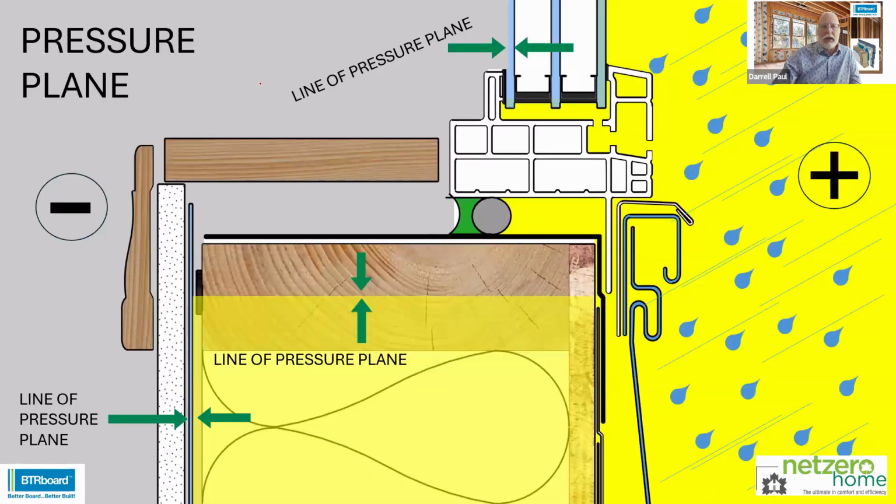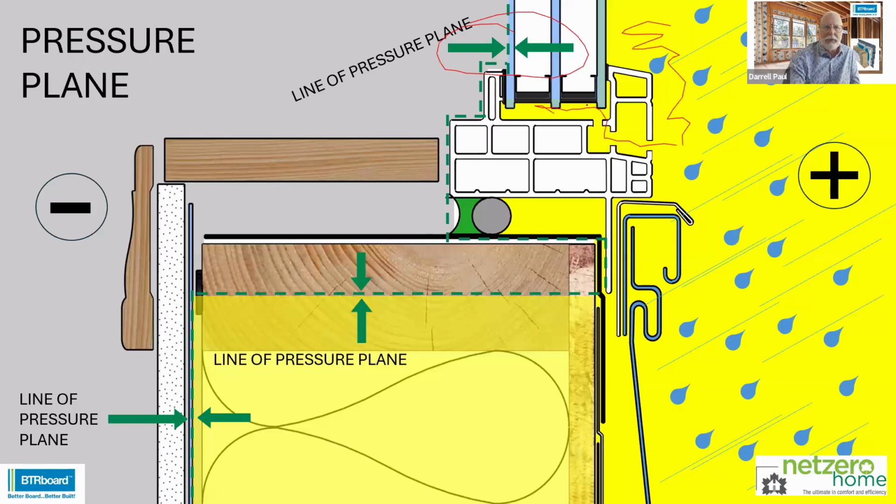So when we apply that to a window and we look at a pressure plane on a window, here's what we see in section: you can see these green lines, we have the pressure drop or the line of the pressure plane here. We let the air equalize in pressure out here in this yellow area.